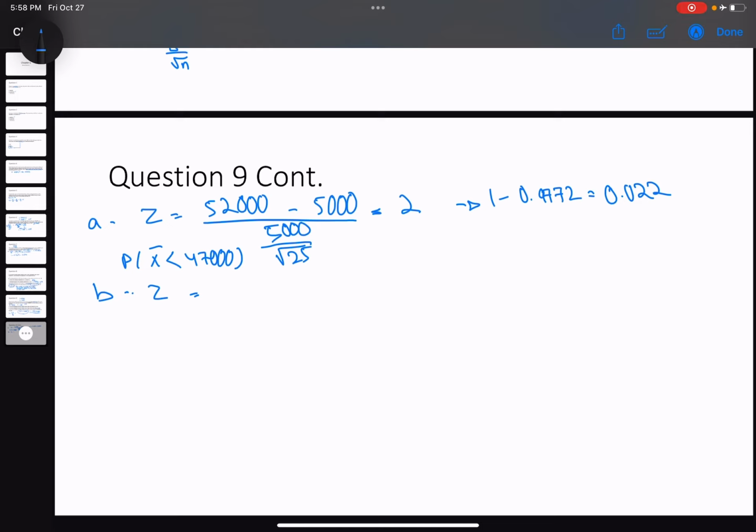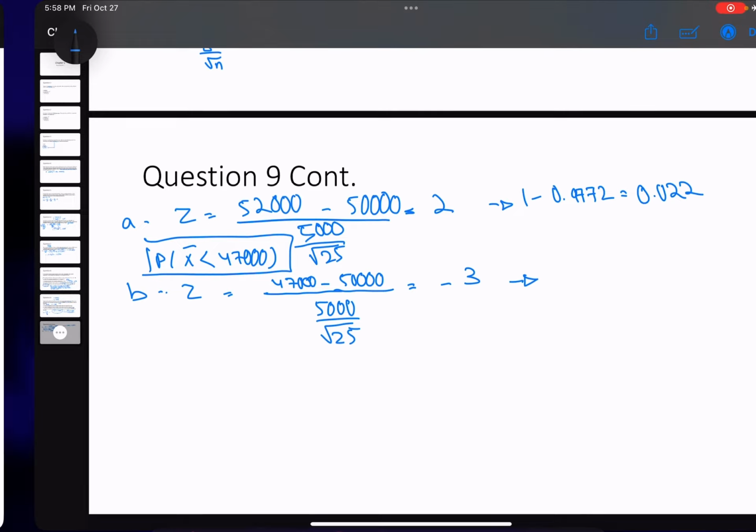Here we don't use the complementary rule, as it meets the criteria, and we can get the z value for the z scores corresponding to values less than 47,000. So we simply have 47,000 minus 50,000 divided by 5,000 divided by the square root of 25, which is minus 3.